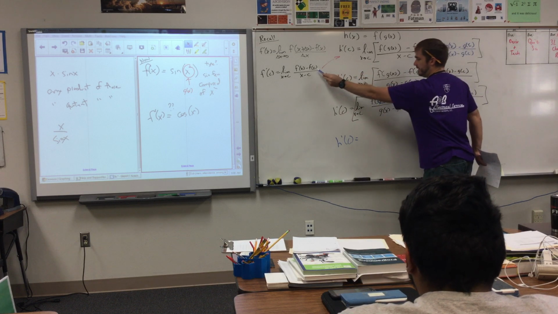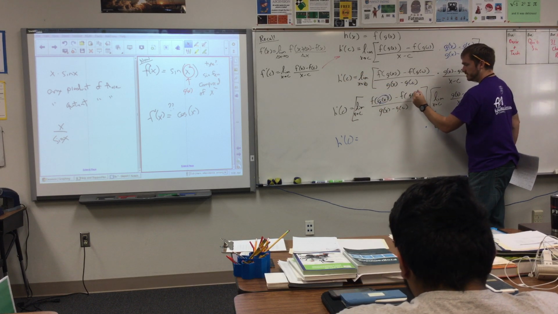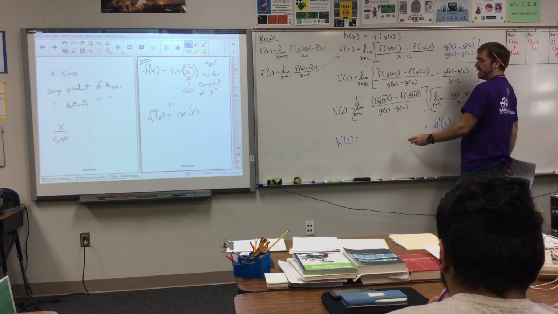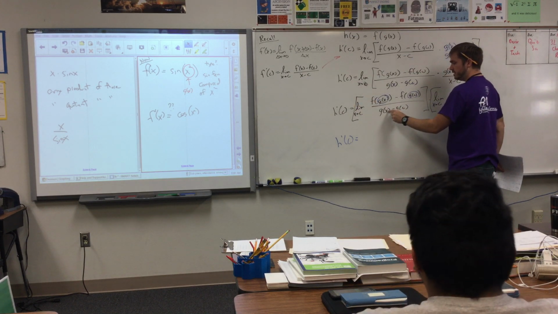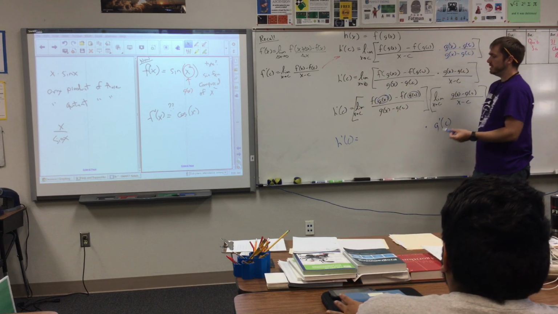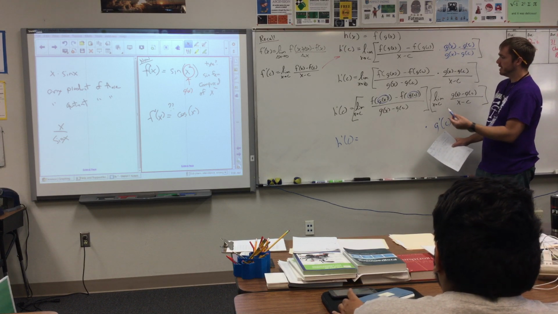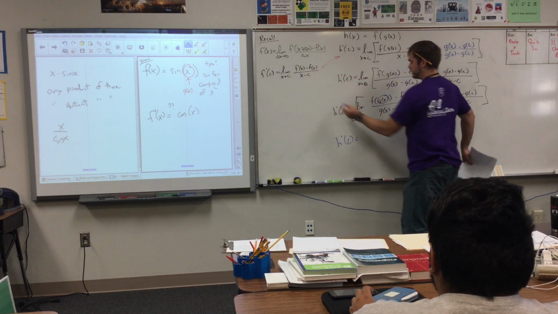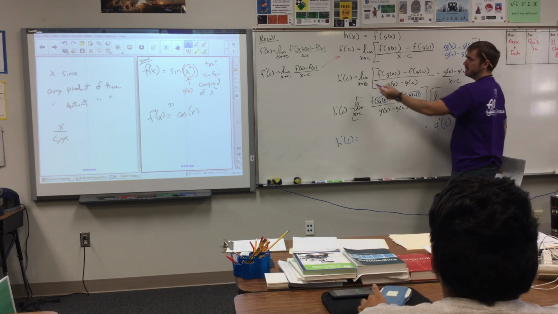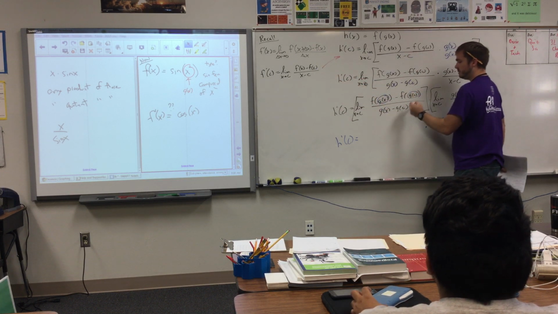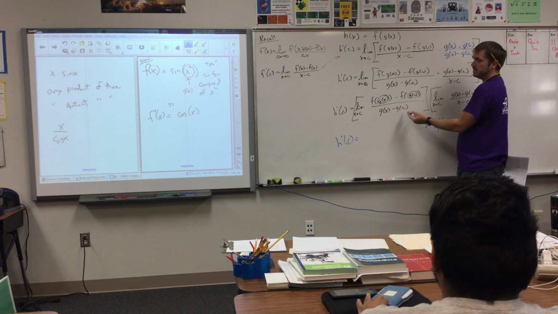Instead of f of c, we have f composed of g of c. And instead of x, we have g of x, and instead of c, we have g of c. It's like every place there was an x, we put a g of x, and every time there was a c, we put g of c.